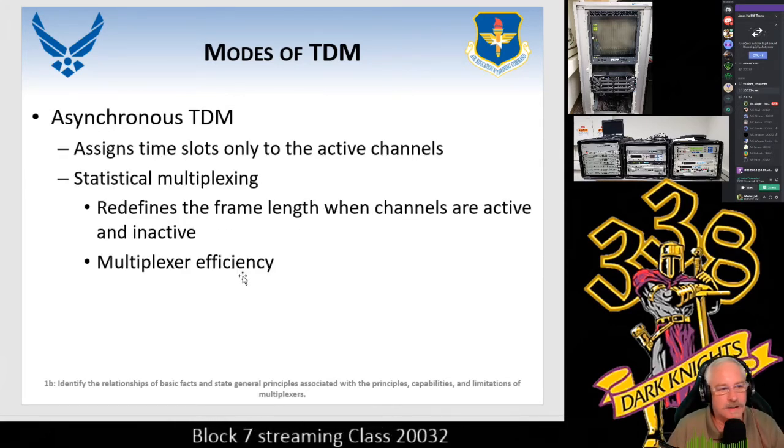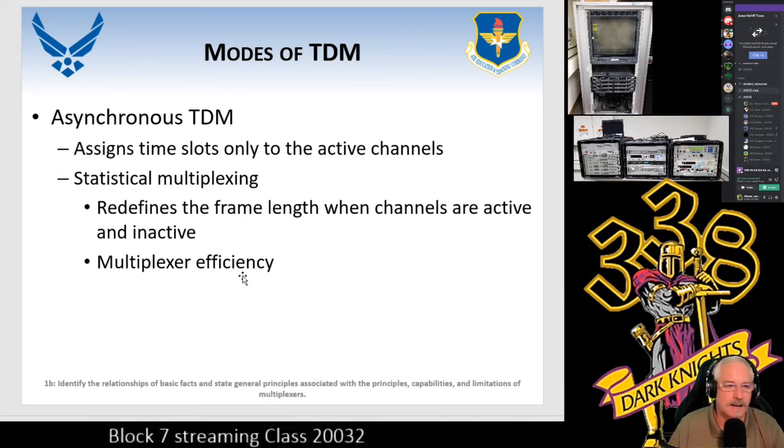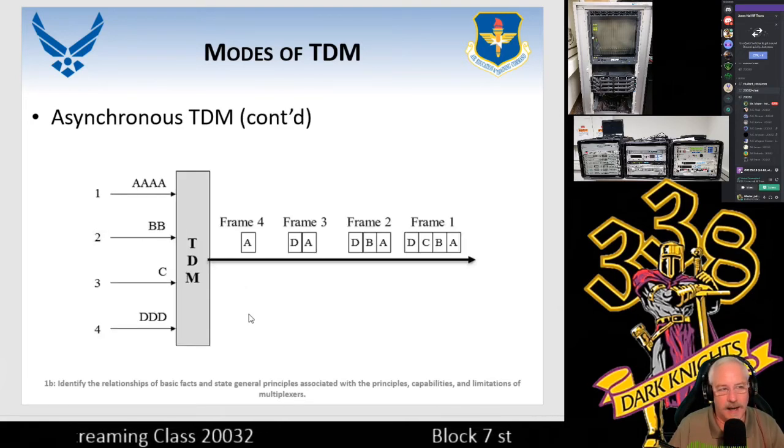When we look at async, this one is where we have our start and stop bits along with everything else. The big thing is you're going to have what's called multiplexer efficiency, but I'll get to that in just a minute. You can see the async, it's the same scenario as sync.